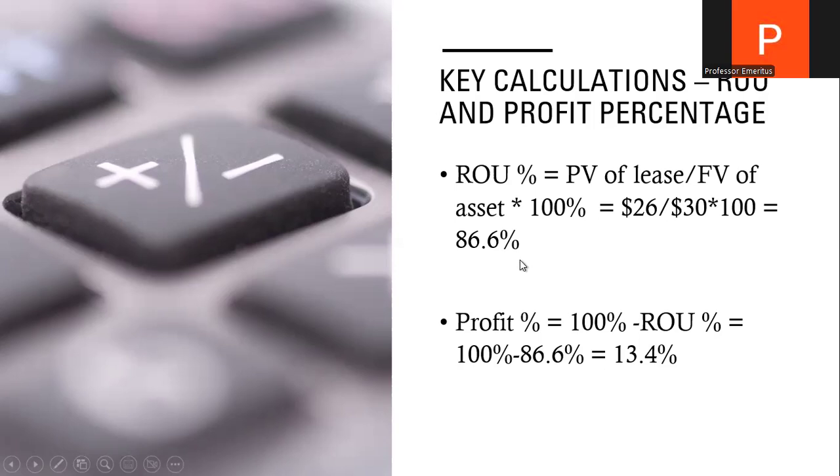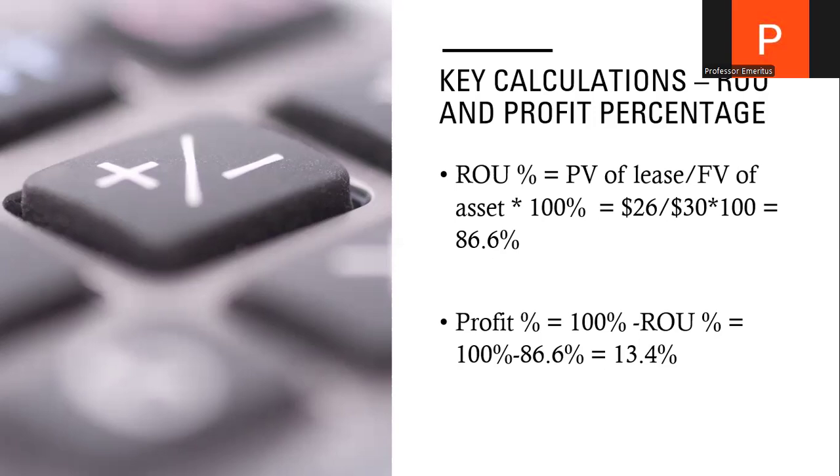Then the proportion of profit recognized is the balancing figure from the proportion of right of use. So we take 86.6% of the carrying value of the asset that was transferred.